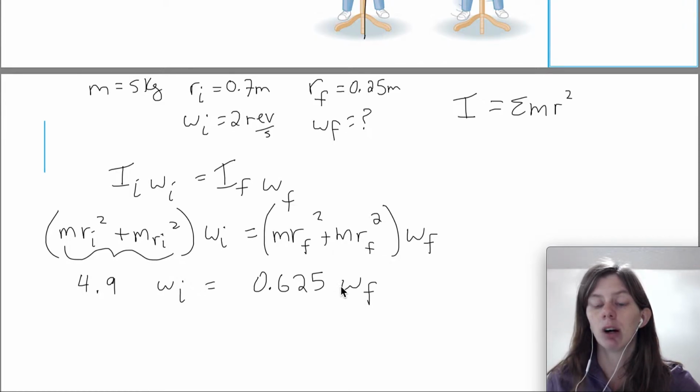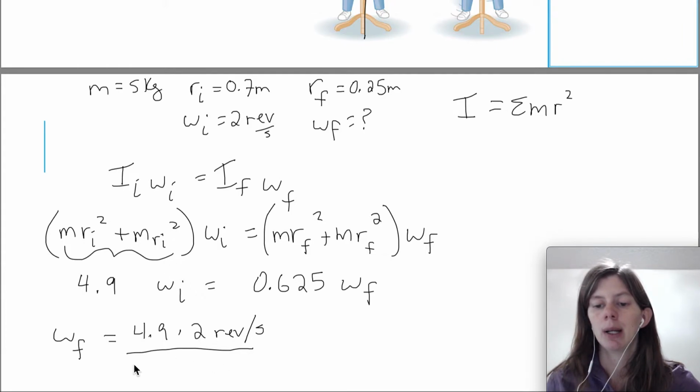And now we can solve for the final omega. So we're going to go ahead and do 4.9 multiplied by 2 revolutions per second. I just wanted to show you how the units work out here. Divided by 0.625. The units for the two moments of inertia cancel out, and you can see we're left with revolutions per second.